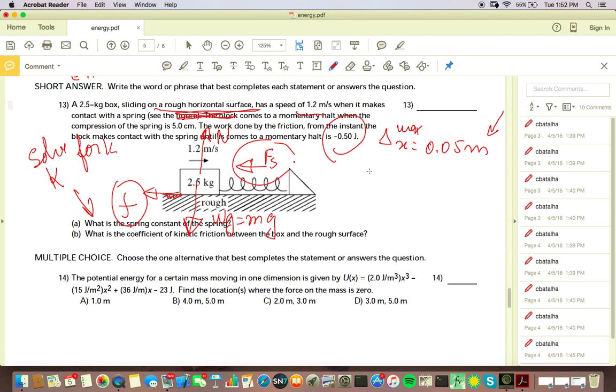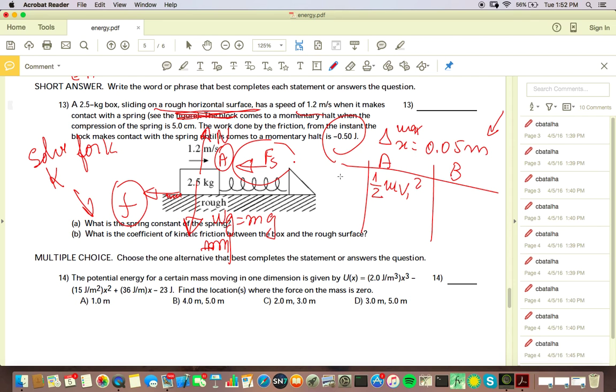So again, we build our energy table, and we have the following configuration. Configuration A is when the block is about to touch the spring. Configuration B is when the spring is totally compressed and has reached the maximum compression, right? So part A, what do we got? We have kinetic energy.